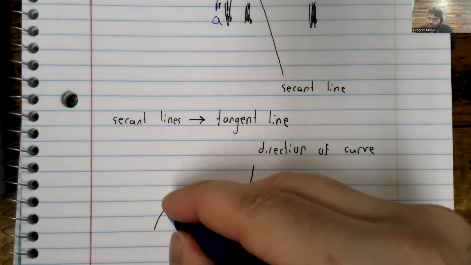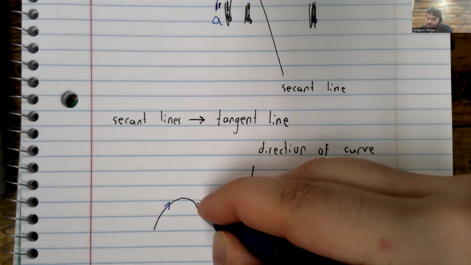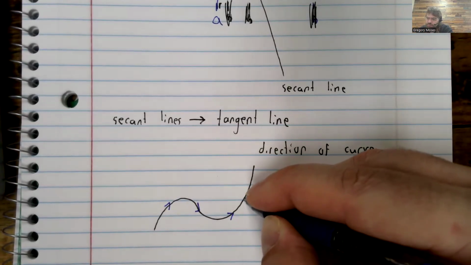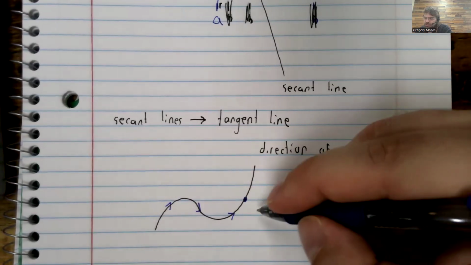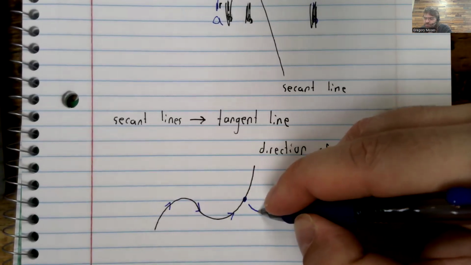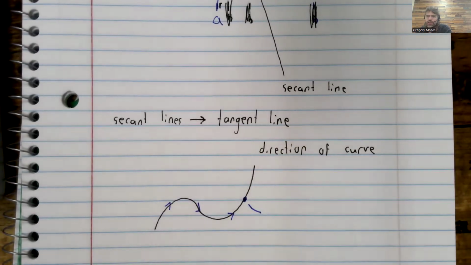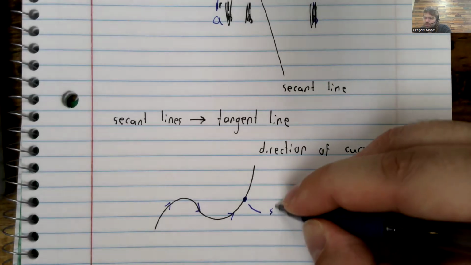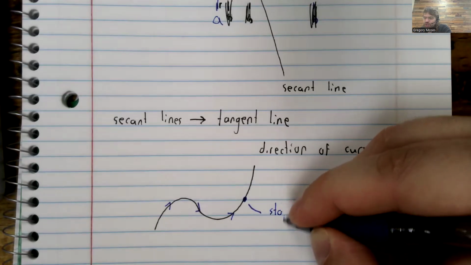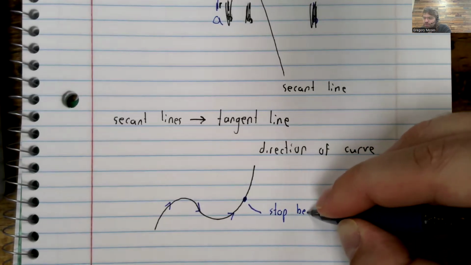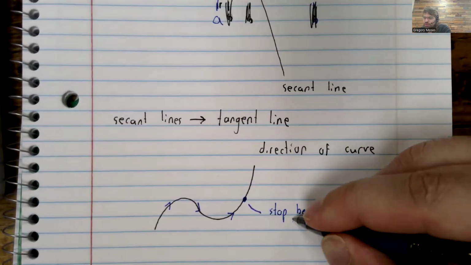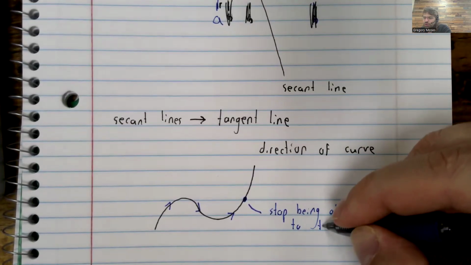So suppose you're going along and you're going along and you're going along, and suddenly your steering mechanism locks up and you stop being able to turn.